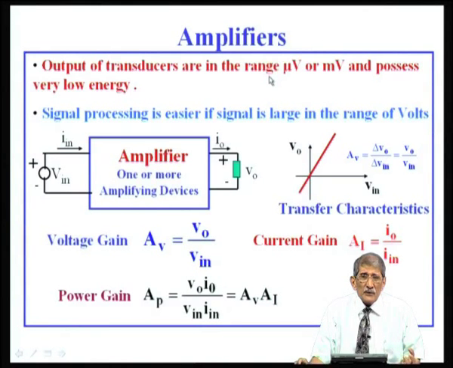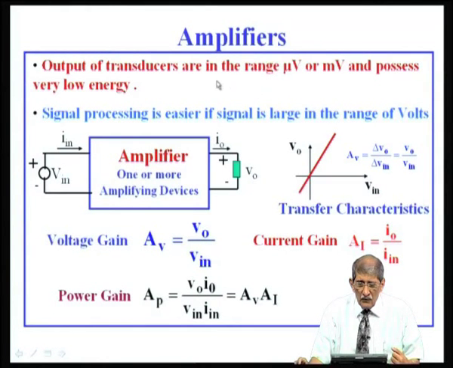If you want to make use of that for some actuation, or to do some work in the external world, you must raise their power level. You must have a signal conditioning circuit. Signal processing is easy if the signal is made large, in the range of volts.